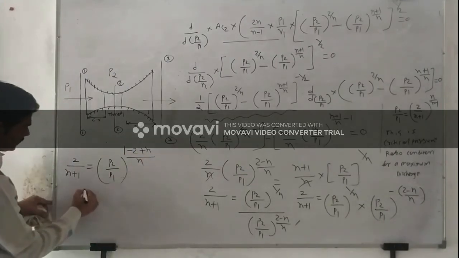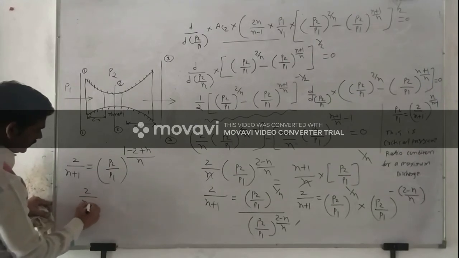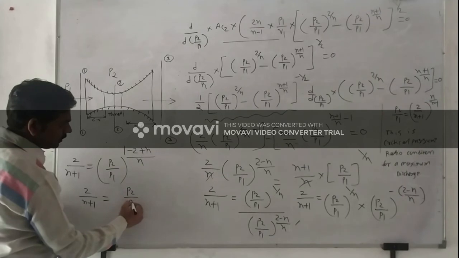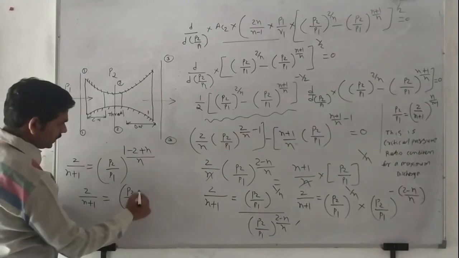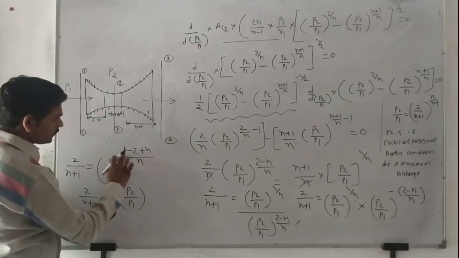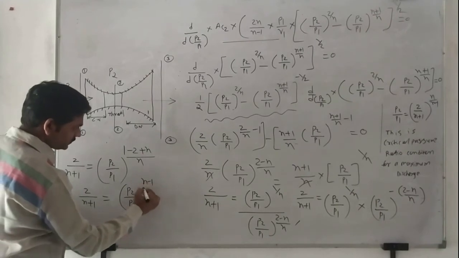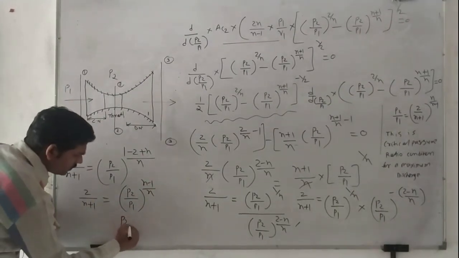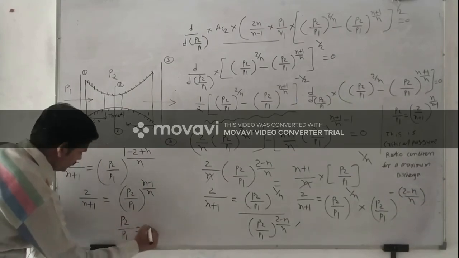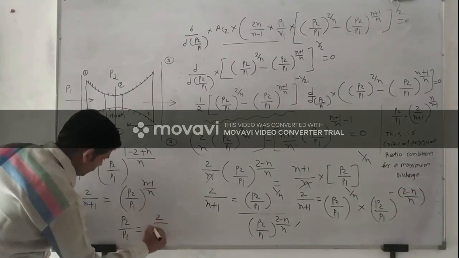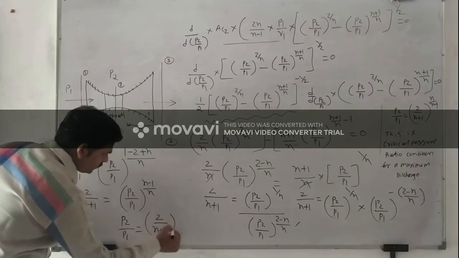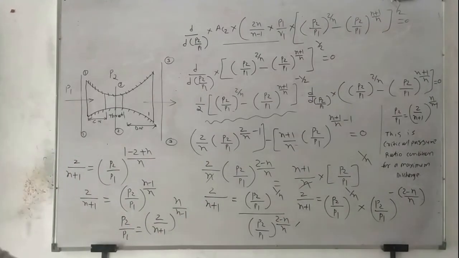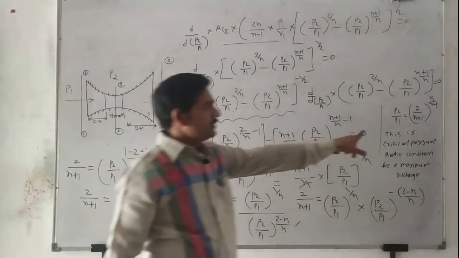So what is remaining? 2 upon n plus 1 is equal to P2 upon P1 to the power, correct, n minus 1 upon n. Then you place it, so P2 upon P1 is equal to 2 upon n plus 1 to the power n upon n minus 1, right?